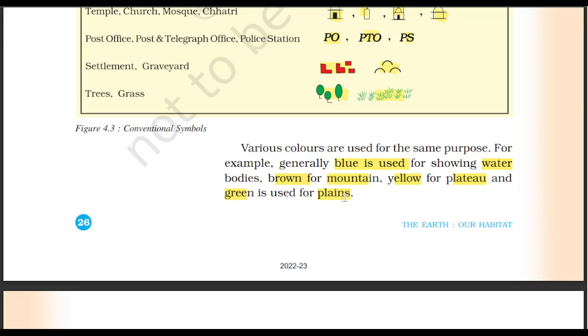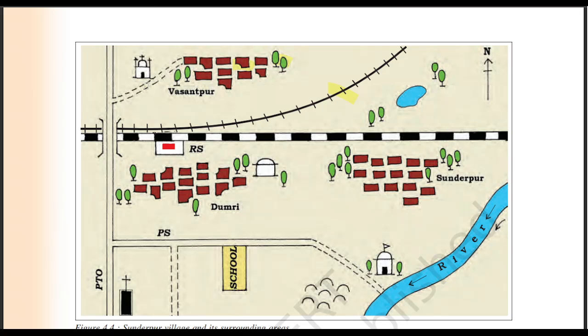As you see, this is a settlement, this is a tree, this is a railway, this is a kacha road, this is broad gauge, this is a station, this is a chhatri, this is a mosque, a temple, this is grass. Where is the grass?